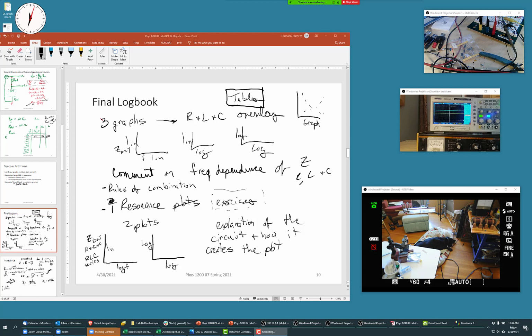I wouldn't expect to see all of it in today's logbook, but at least make a note to yourself: I need to write out the rules of combination. And then we'll have just the 1 resonance plot for the series RLC circuit, and then we could put the 3 devices under test from the past week, the new device under test.